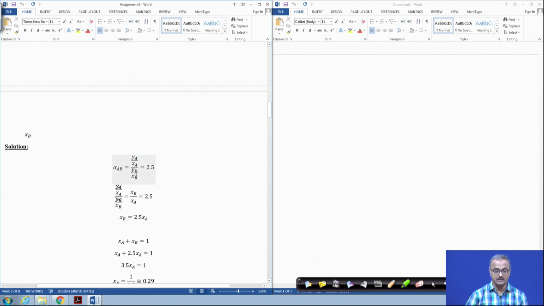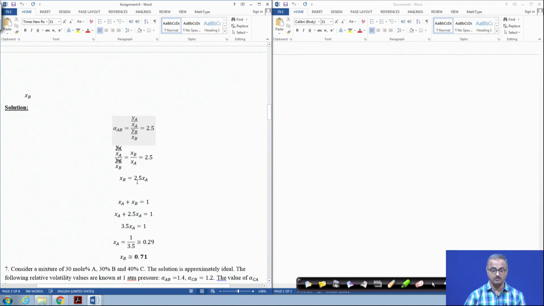As you see, we have gone by the basic definition of the relative volatility, and then we plug in the various values and replace xb in terms of xa from the summation equation, xb plus xa equal to 1, so xb equal to 1 minus xa.